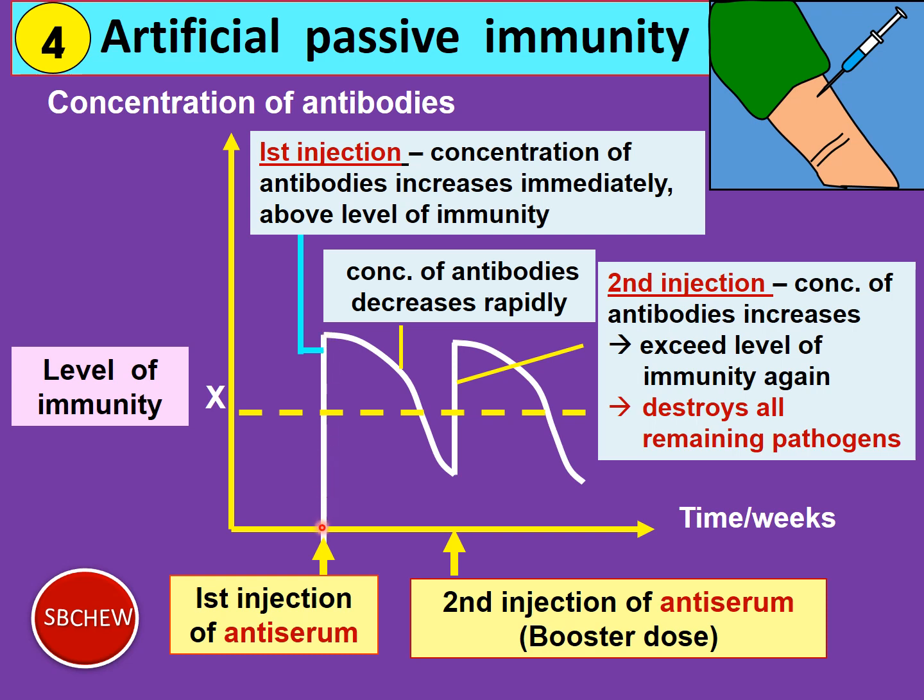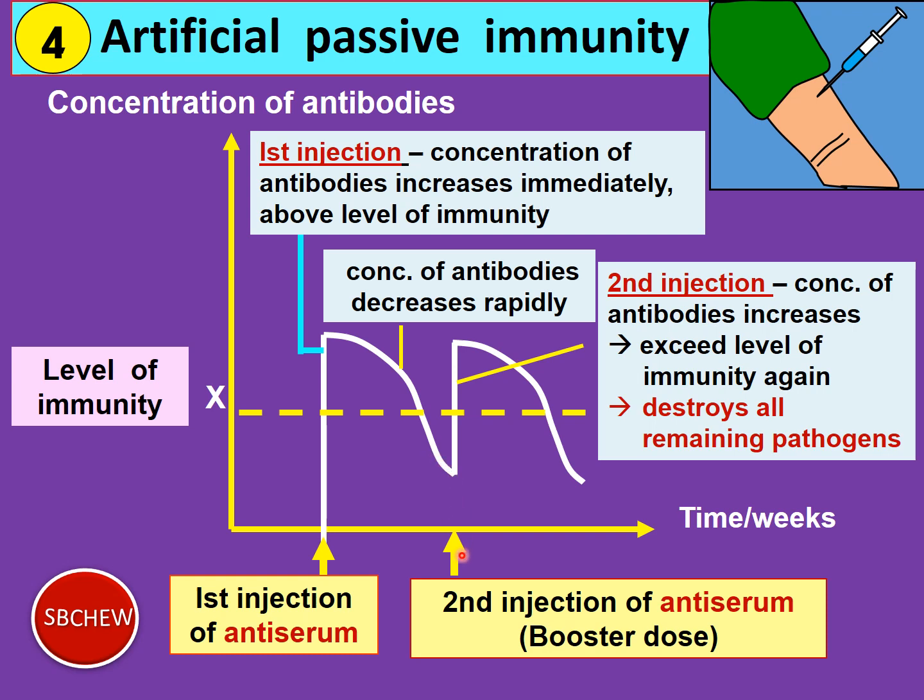This graph goes straight up because when the doctor injects the sick person with antiserum, in the first injection, he will make sure that the antibody level is very high and beyond the level of immunity in order to destroy the pathogens in the body effectively. So after that, the level of antibody will decrease very fast because these are foreign antibodies that are broken down by the person's body.